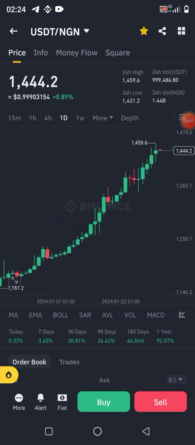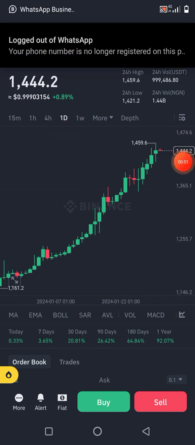Okay, you can see that on a 1 day time frame, okay, let me draw a chart. You can see that we have an uptrend right from here.